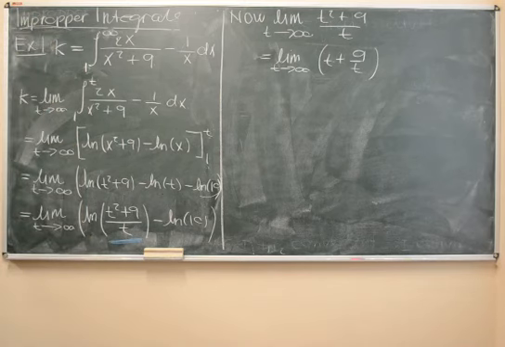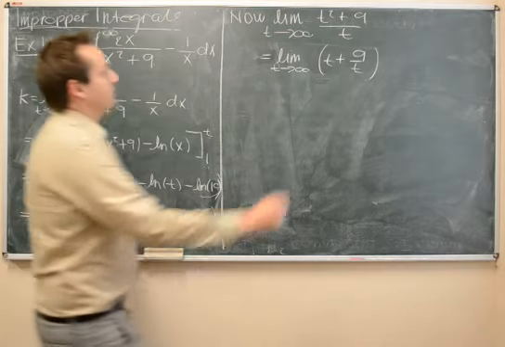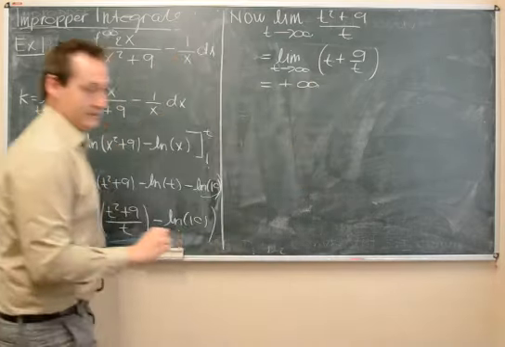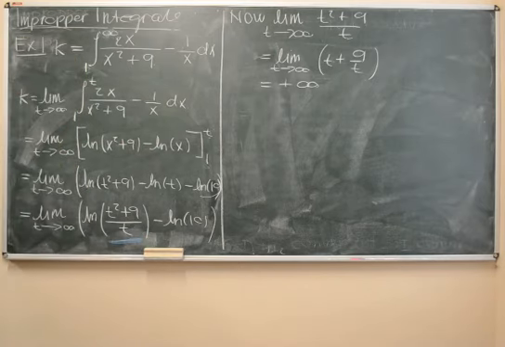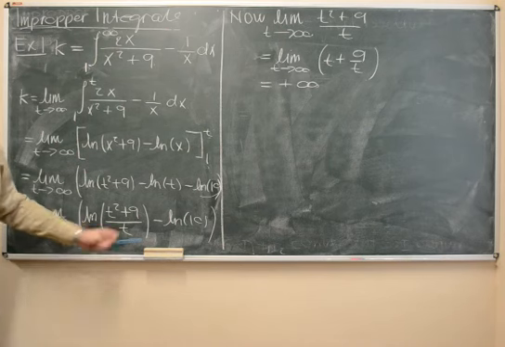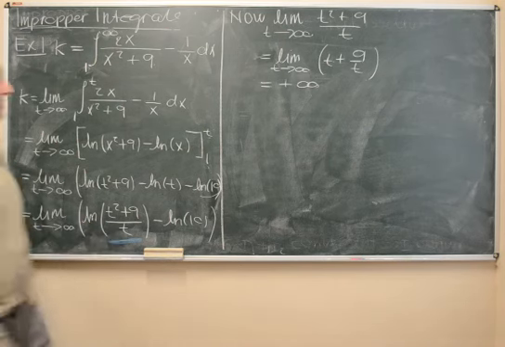T is going to go to infinity, 9 over t is going to go to 0, so this whole thing goes to plus infinity. So (t squared plus 9) over t goes to plus infinity as t goes to infinity. So ln of (t squared plus 9) over t is also going to go to plus infinity.